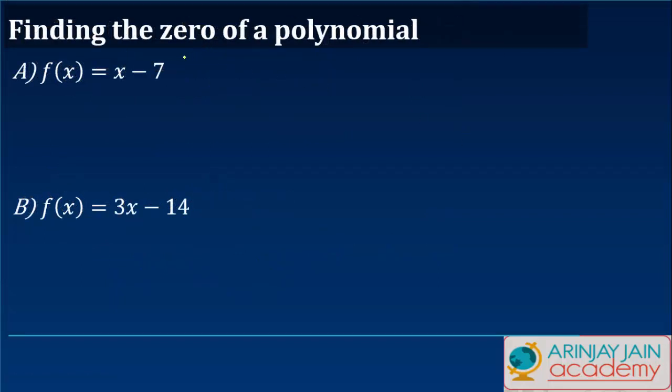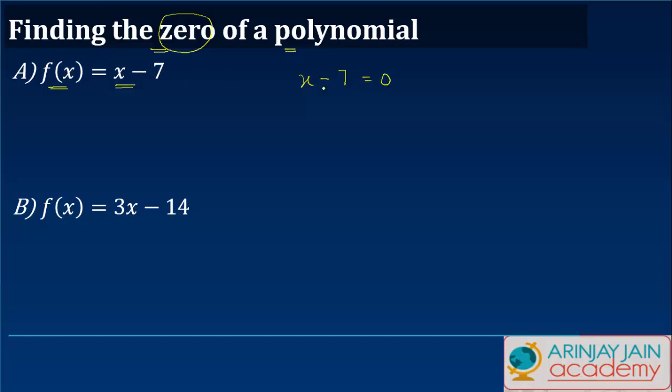Let us look at it a little differently. We have to find the zero of a given polynomial. So you are given that a polynomial f(x) = x - 7, and you are asked to find what is a zero of this polynomial. Now, for any number to be a zero of this polynomial, this polynomial itself has to be equal to 0.